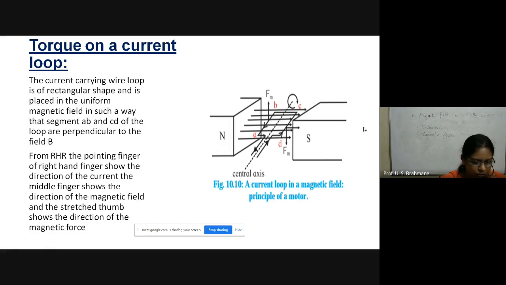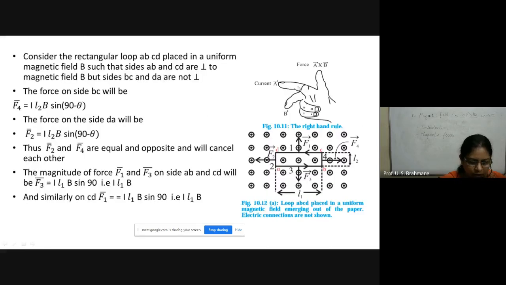The middle finger shows the direction of the magnetic field, and the straight thumb gives the direction of the magnetic force. So this is the right hand rule for this torque. Here the pointing finger shows the current, the middle finger shows the magnetic field, and the force is represented by the thumb.